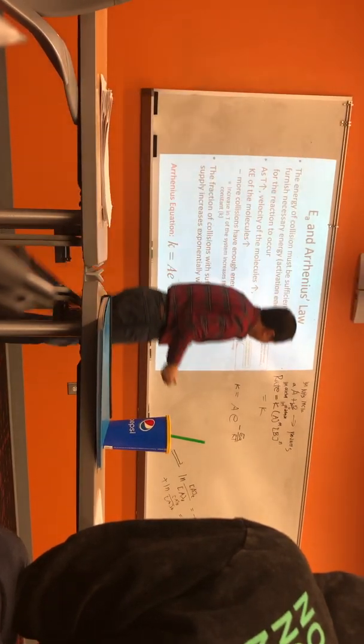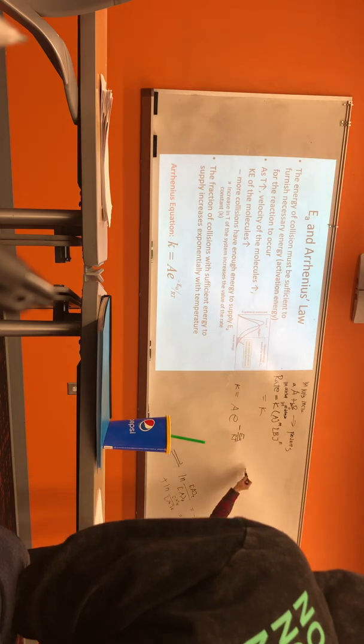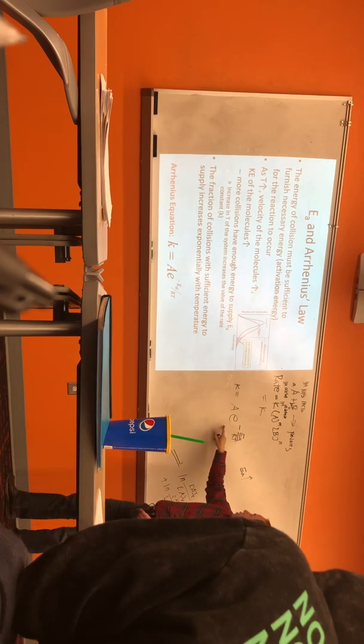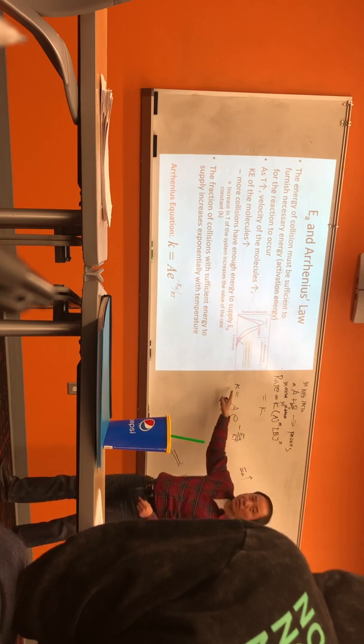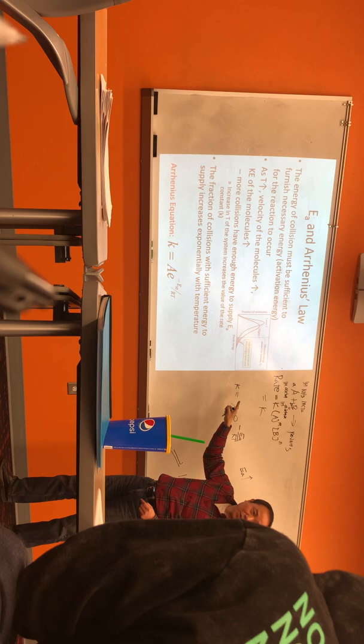So if activation energy is higher, the reaction should go slower. From this equation, if this is a higher number, then this will be more negative. If this is more negative, the exponential function will be a smaller number, which makes the rate constant smaller.